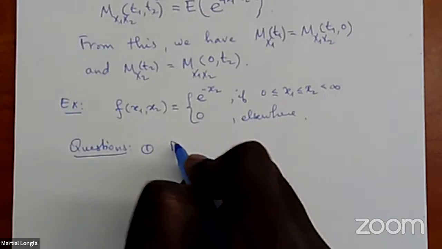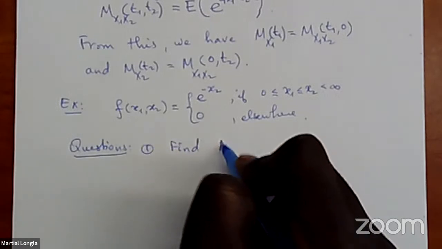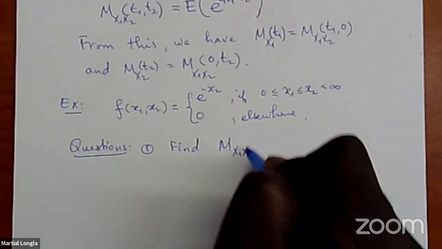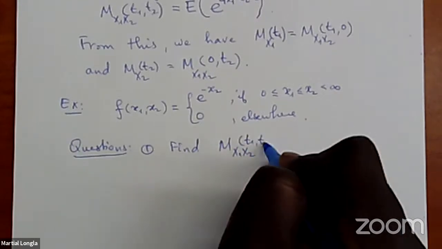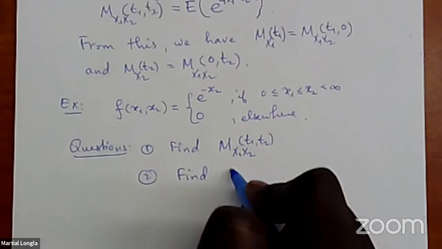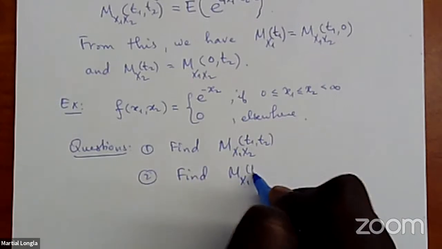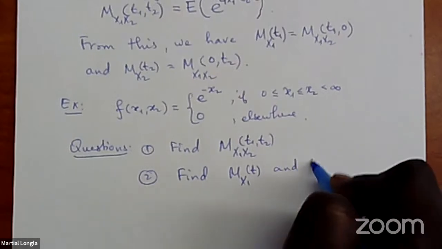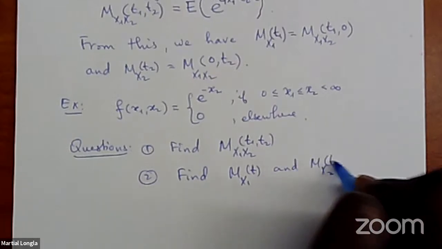One, find M of x1, x2 of t1, t2, M of x1 of t, and M of x2 of t.